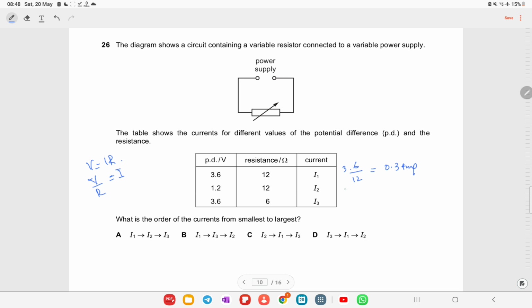Then 1.2 divided by 12 is 0.1 amps. And 3.6 divided by 6 is 0.6 amps. So now you can see option C is your right answer.